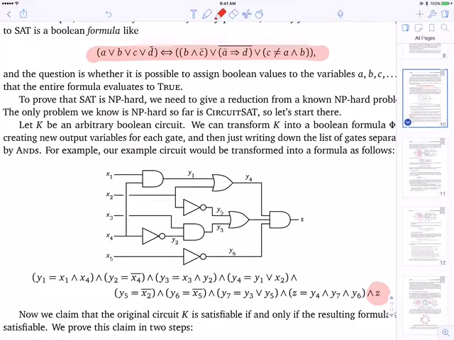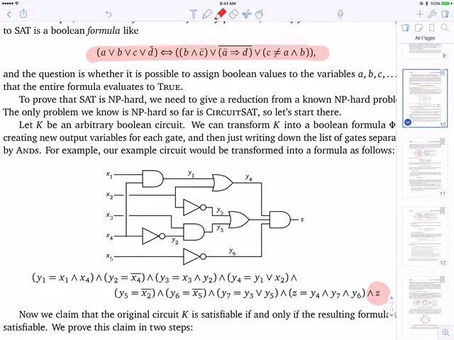Okay. And I claim that there are inputs to this circuit that force Z to be true if and only if there are values for these variables that force the entire expression to be true.